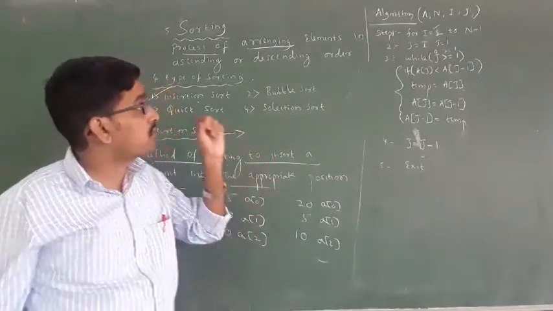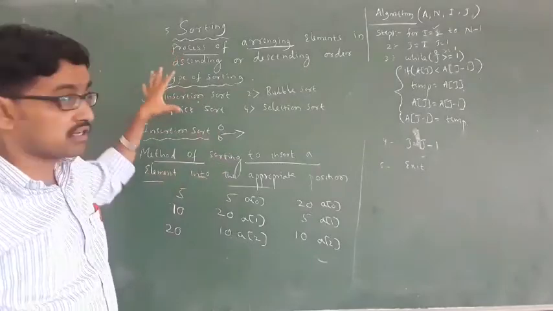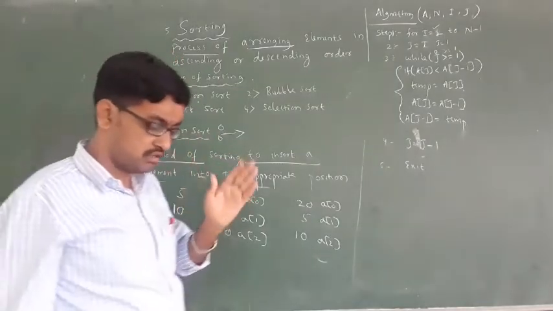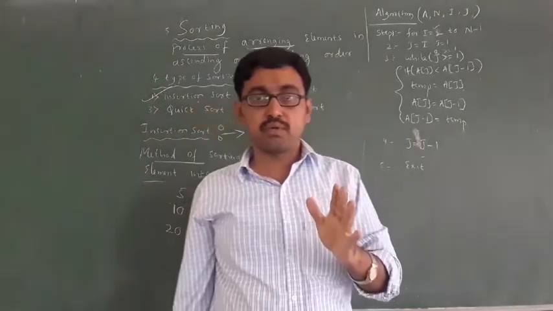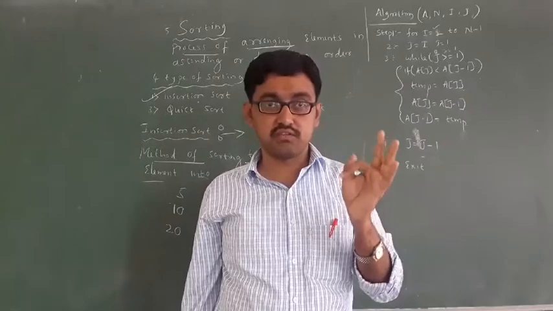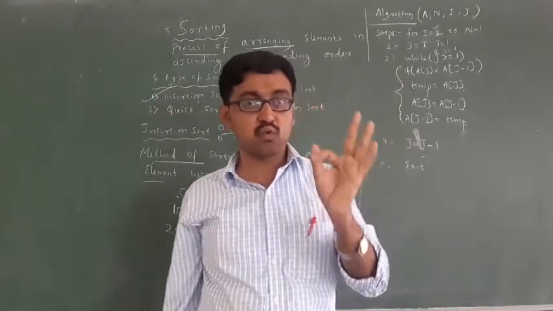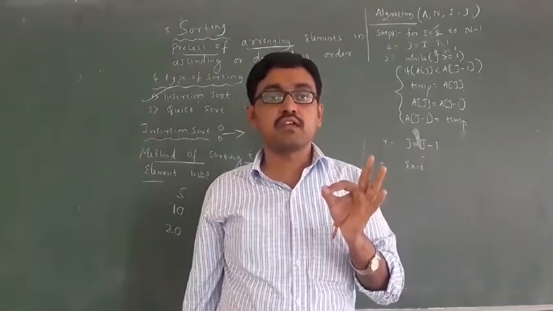This is what sorting is. How many operations are there on an array? There are 5 operations. One is traversing, second is insertion. In insertion you have 2 algorithms: one is linear search, second is binary search.